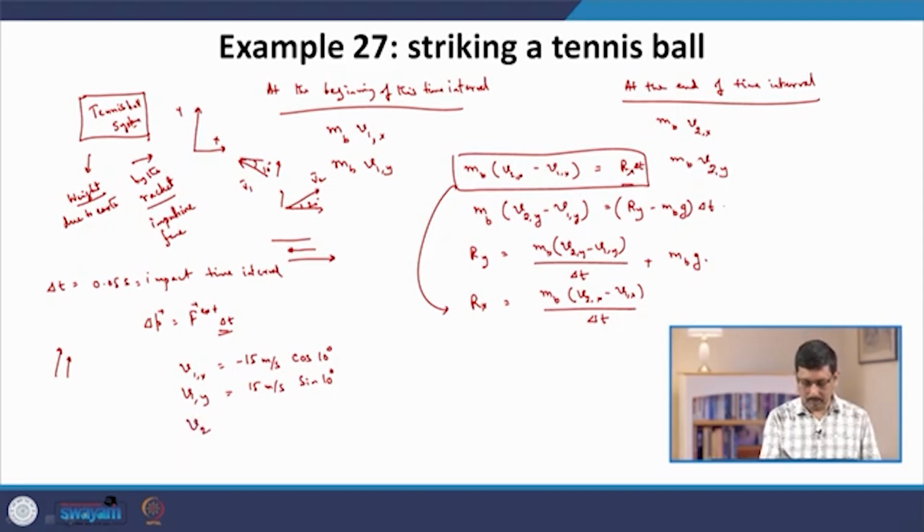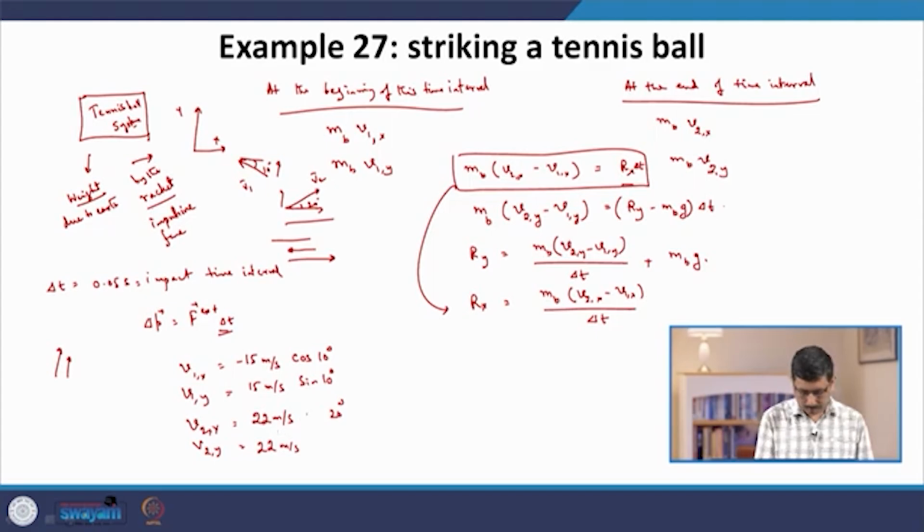From this picture, v2x is in the positive direction, so this is 22 meter per second times cos, and v2y, which is also in the positive direction, has sin.